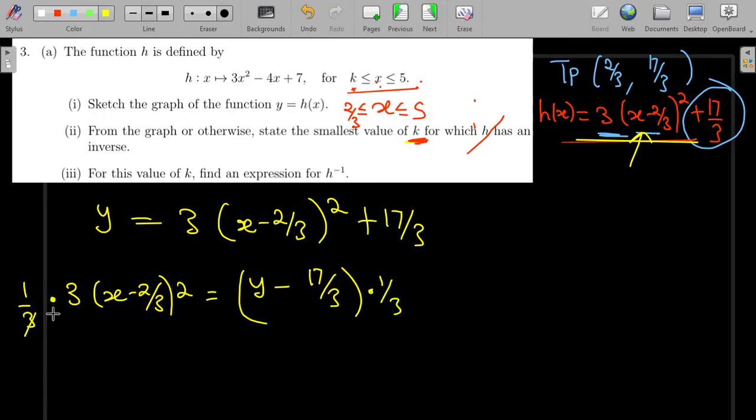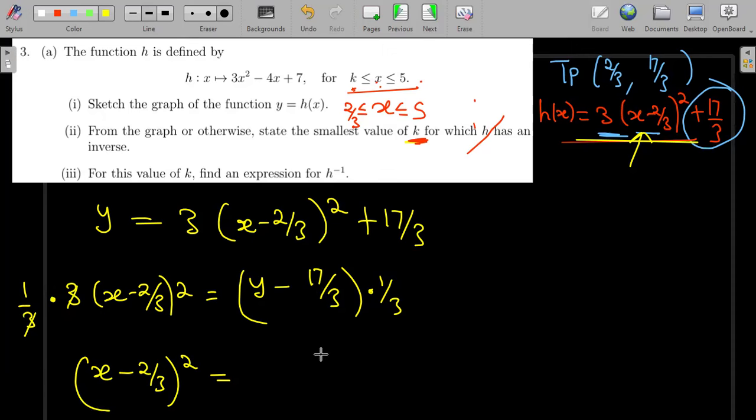What am I going to get? The 3 and the 3 will cancel, so I remain with x minus 2 over 3 squared is equal to, and then here I can multiply the 1 over 3 with whatever I have here.